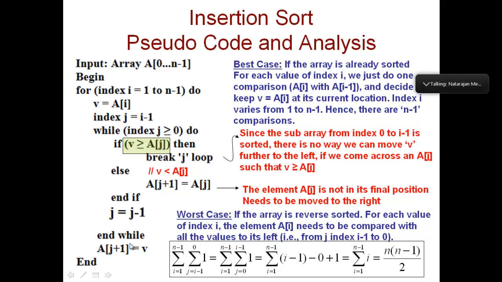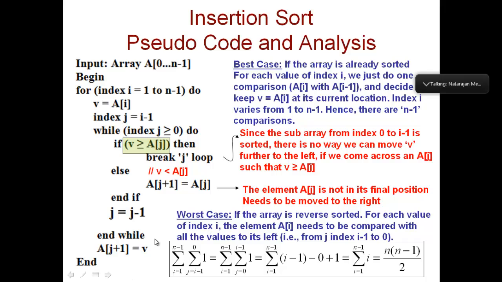But you see, inside the J loop you just do one comparison, and it doesn't really depend on J. So you could really swap or flip the limits. The J loop could be considered to run from lower limit 0 to I minus 1, so it doesn't change the final result.